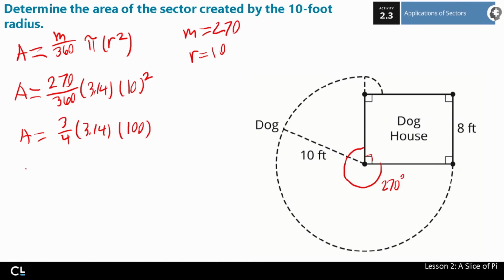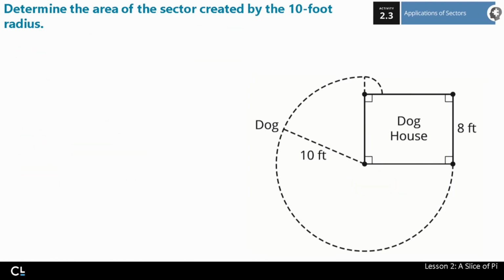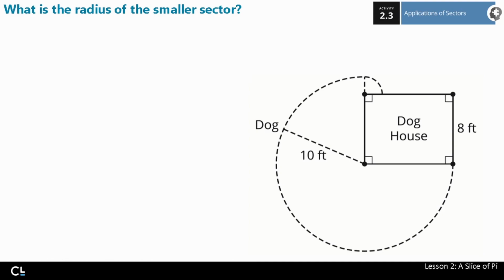So the area of the sector is 235.5 and our unit is feet. Oh, sorry, feet squared because it's area. And there we go. So now it's saying, what is the radius of the smaller sector?